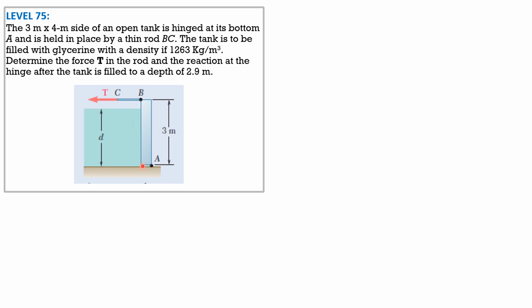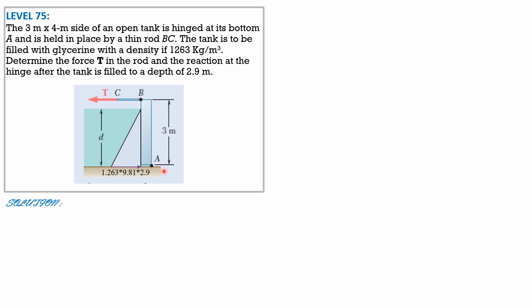The pressure diagram is again triangular, and the pressure at the bottom is the specific weight of glycerin, which, if the density is 1263, then divide by 1000, is 1.263 times 9.81. So the pressure at the bottom, that's the pressure diagram, is 1.263 specific gravity times the specific weight of water times depth. D is 2.9 as mentioned here.